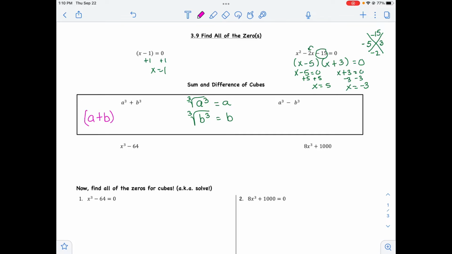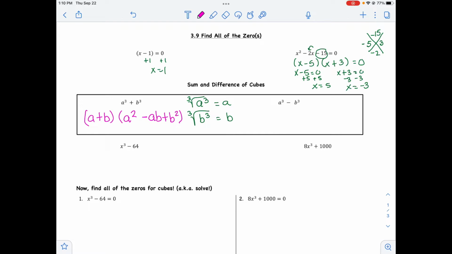Notice that I have what's left, and then to get the other piece, a trinomial piece, we square a. We have opposite signs when we're adding, so opposite, a times b, so ab, and then the b squared. So this is your template formula for when you're doing sum of cubes.